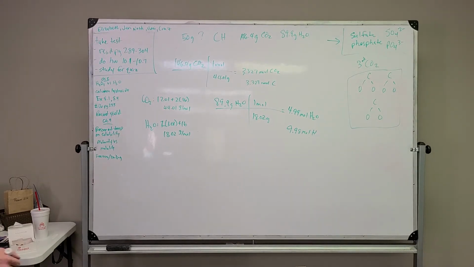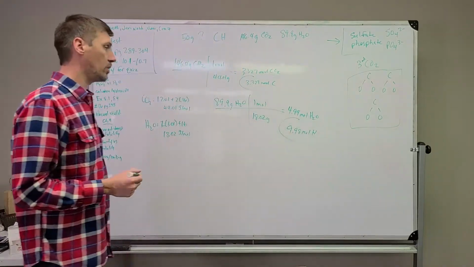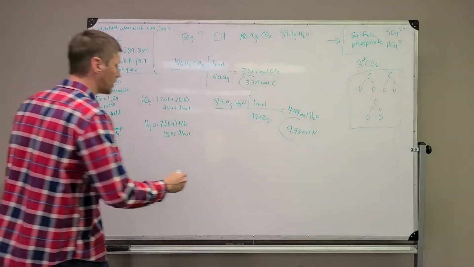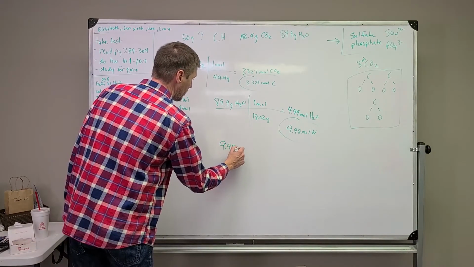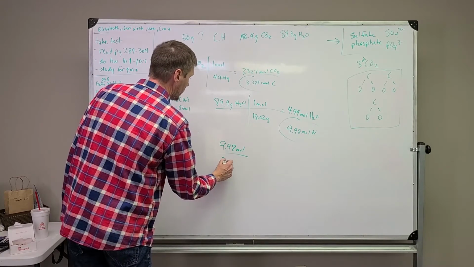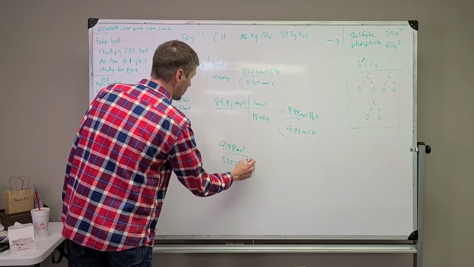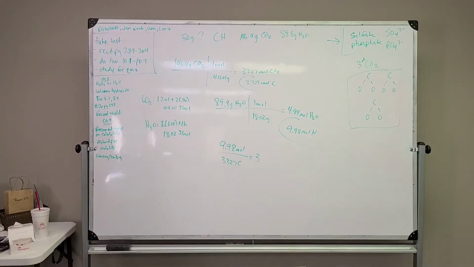All right, so now that we know the moles of carbon and the moles of hydrogen, we can figure out what the ratio is between those two. So you put the bigger number on top, 9.98 moles of hydrogen divided by 3.327 moles of carbon. So that's going to basically equal 3.00.